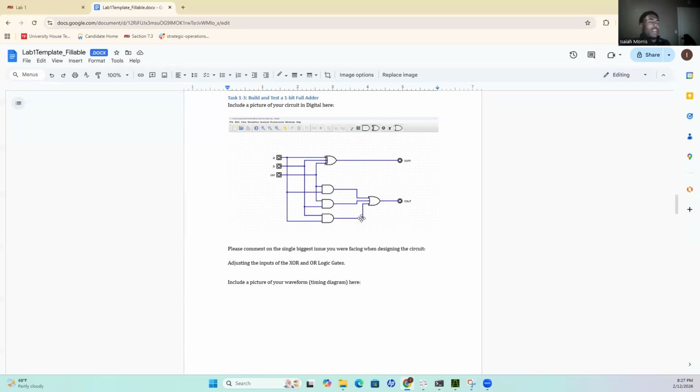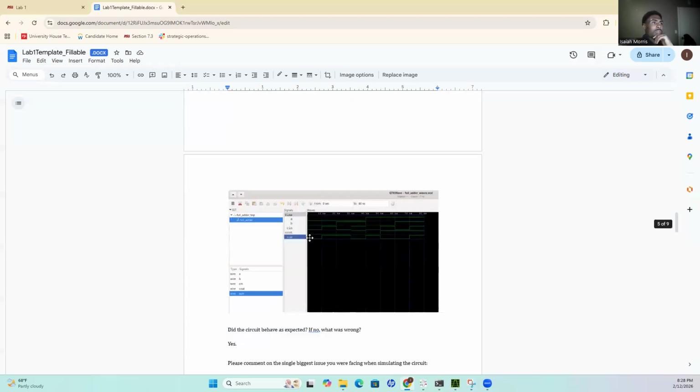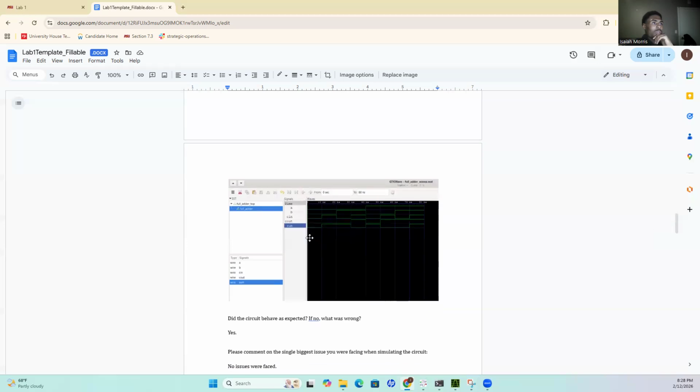And for the OR gate, if either input is one, the output is one. And the waveform, the dark green stands for zero, and the light green stands for one.